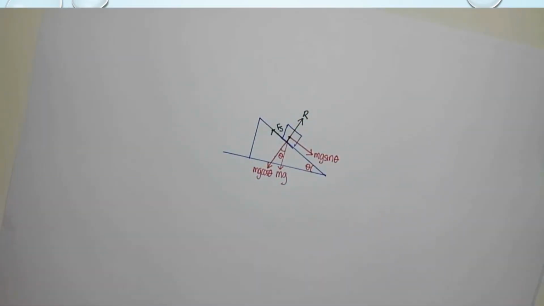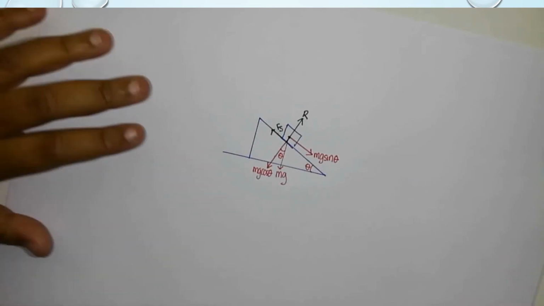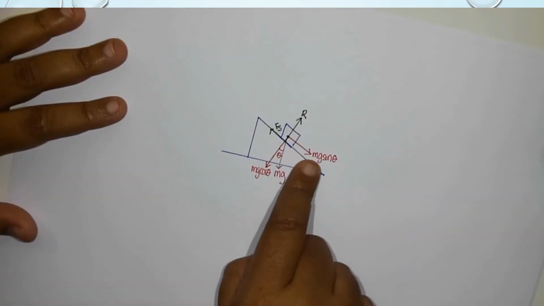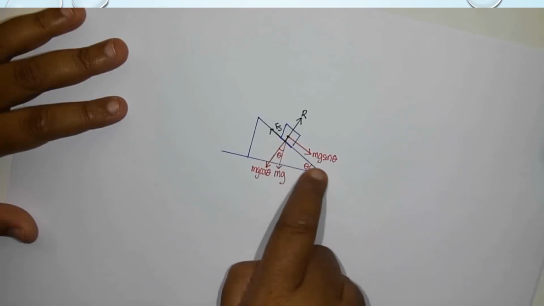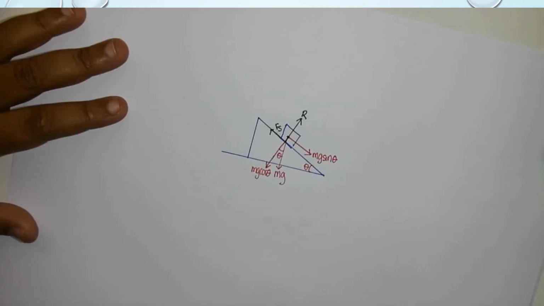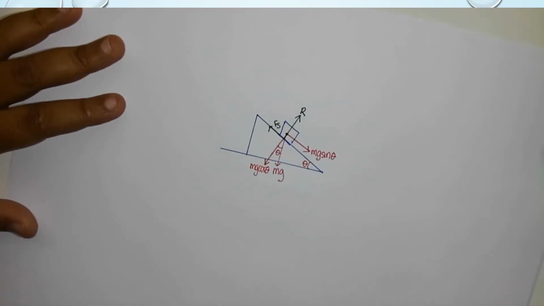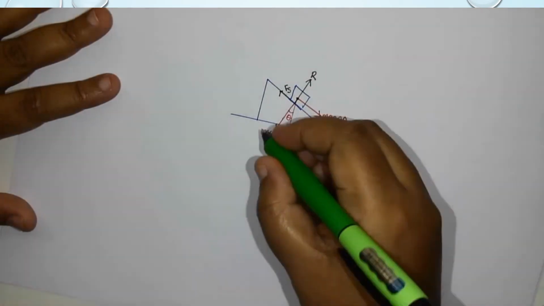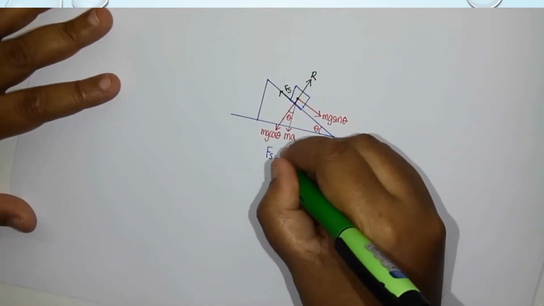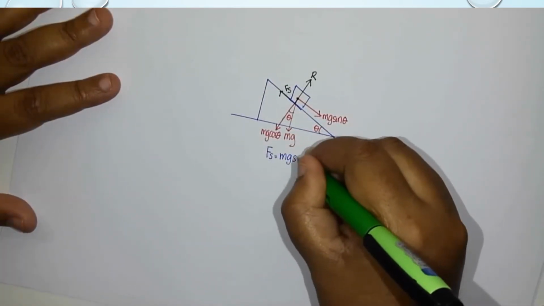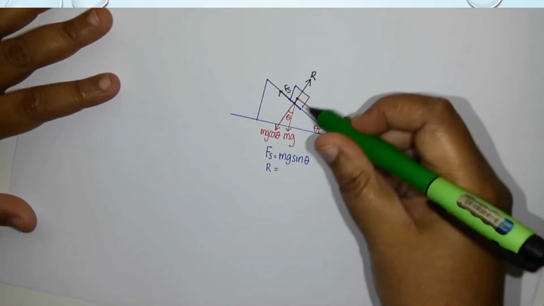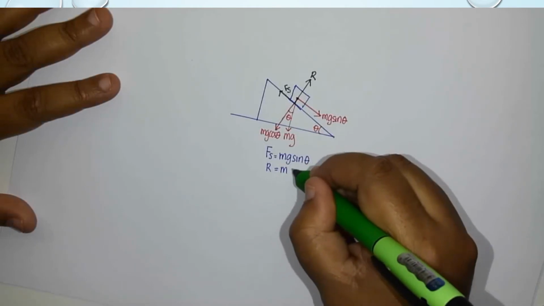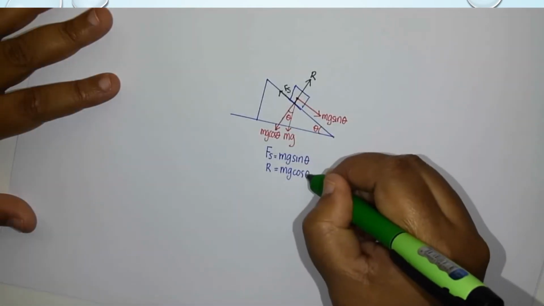Now we solve this. The block moves down the plane. If the forces are balanced, Fs equals mg sin theta, and R equals mg cos theta.